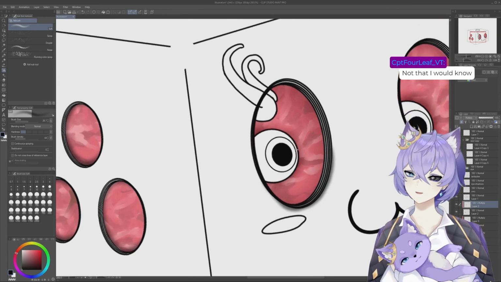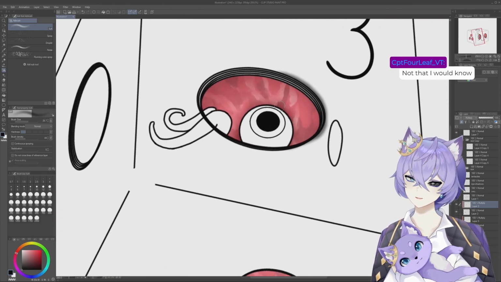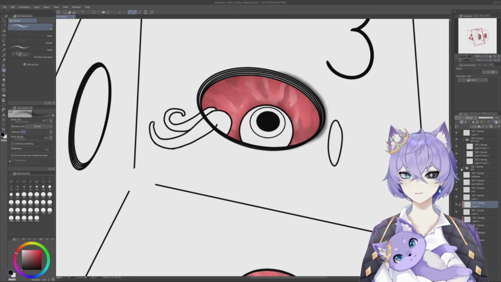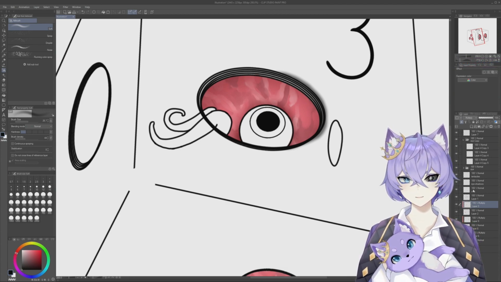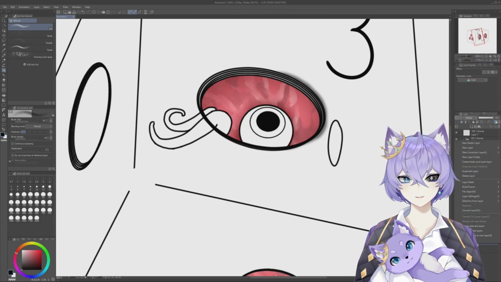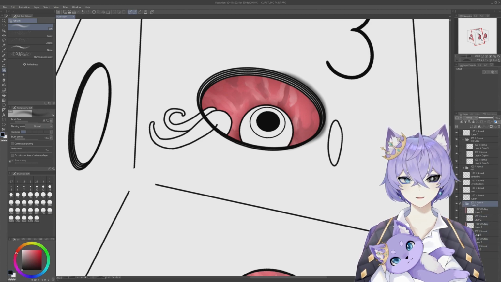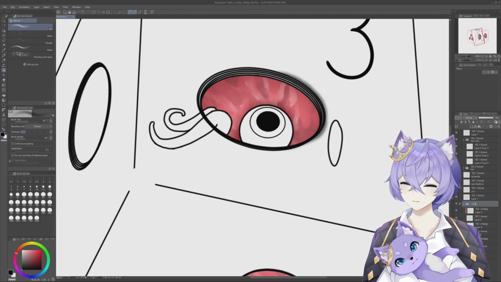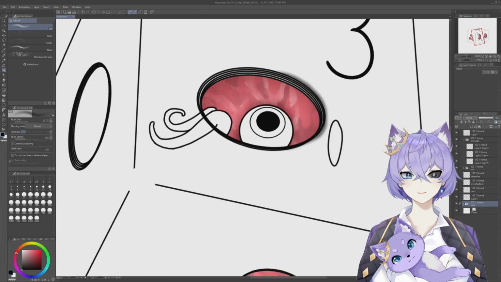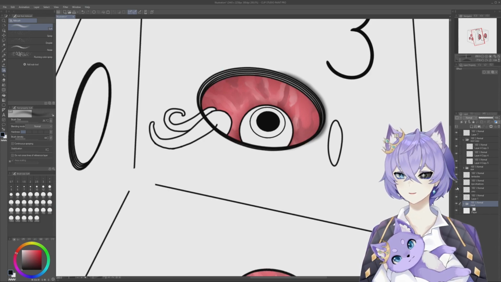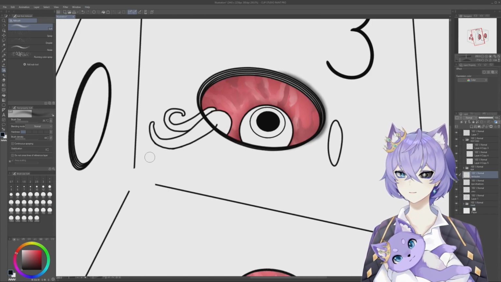I kind of want to make it look like the tentacles are climbing out. So maybe let's see. Let's put all this into the folder known as meat. Okay, tentacles, where are you?